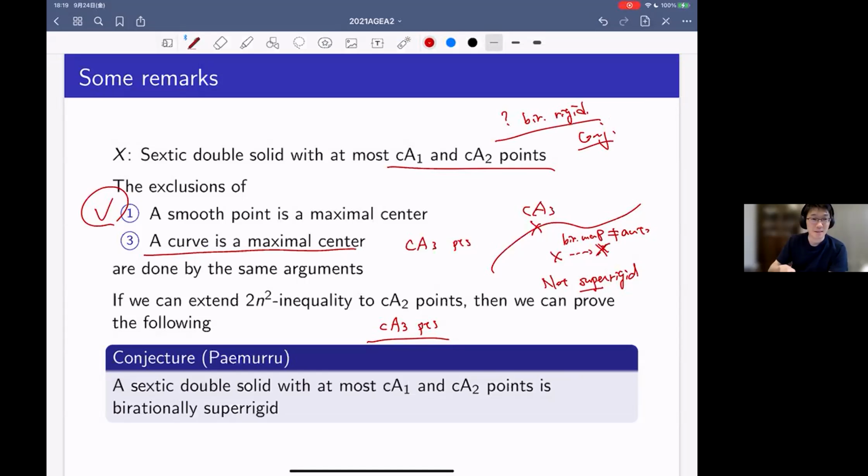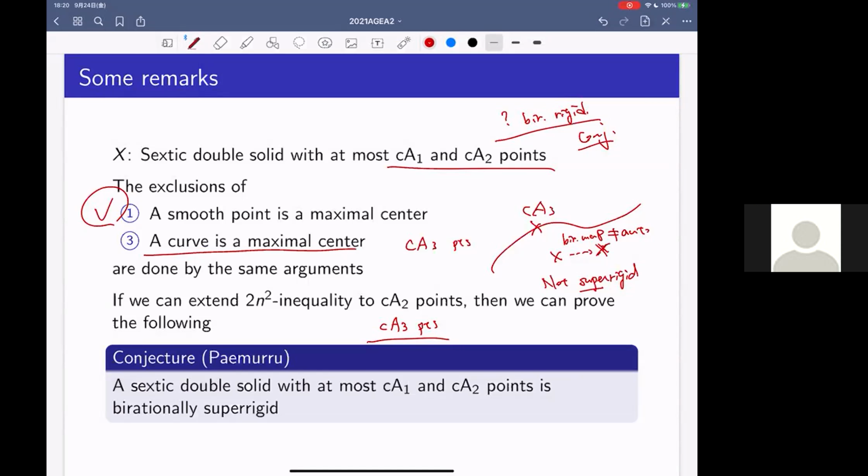Thank you. Is there any other question or comment? In the cA3 case, do you expect that involutions are the only birational maps which are not regular? Sorry, say it again.